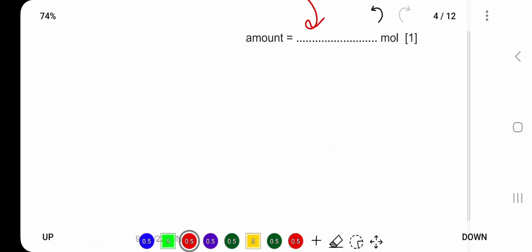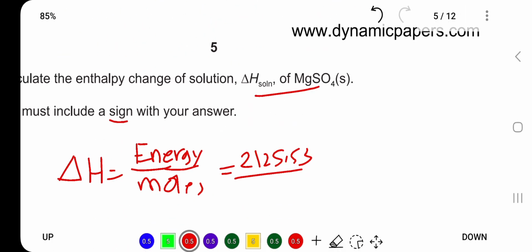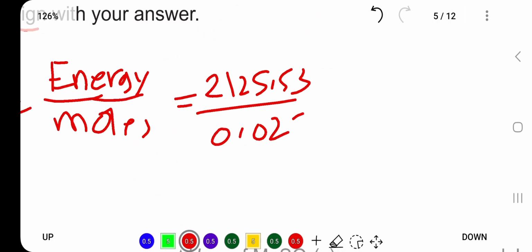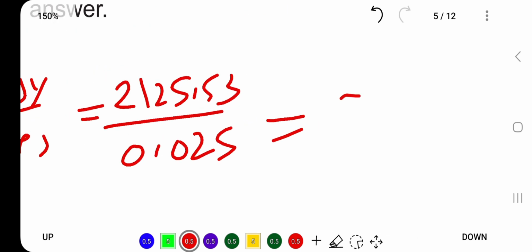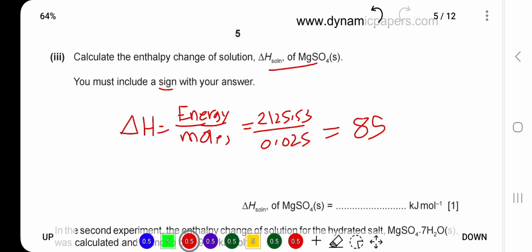They want MgSO4, which you found, which is great: 0.025. Now I just put them in, 2125.53 divided by 0.025. Great. How much did you get? You got 85. Now do you want the sign?